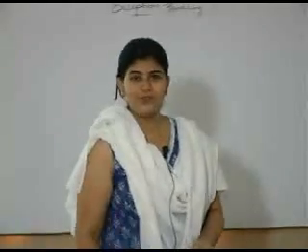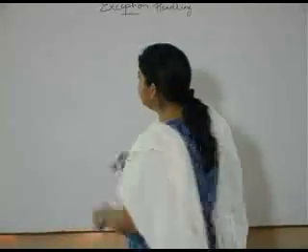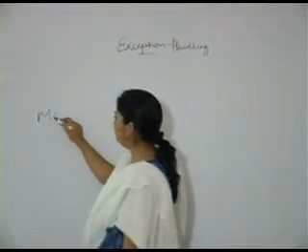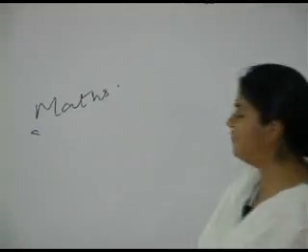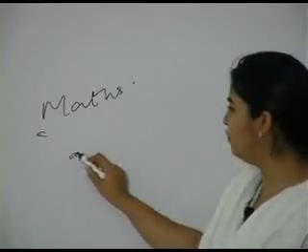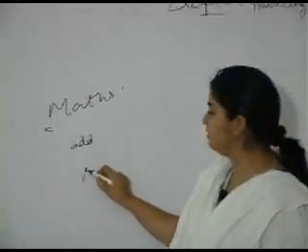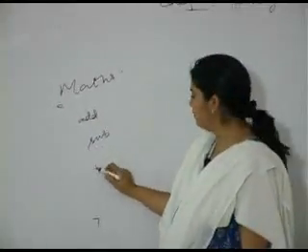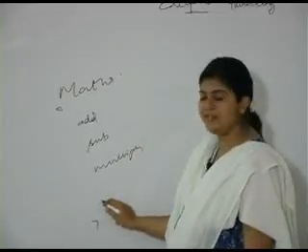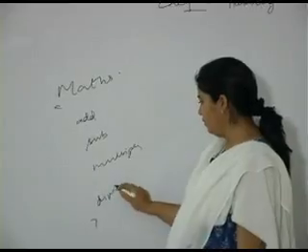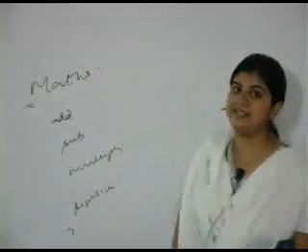So you have to create a class called maths. Now in this maths class you have to define 4 methods. One would be add, the other would be subtract, third one would be multiply, and fourth one would be division. Okay, this is your maths class.